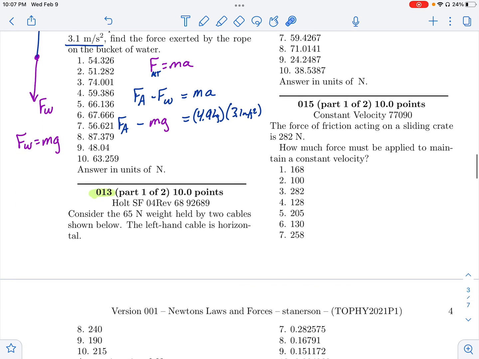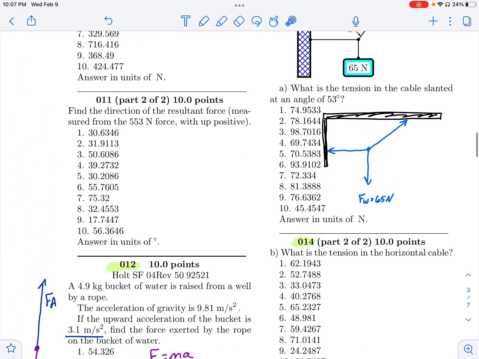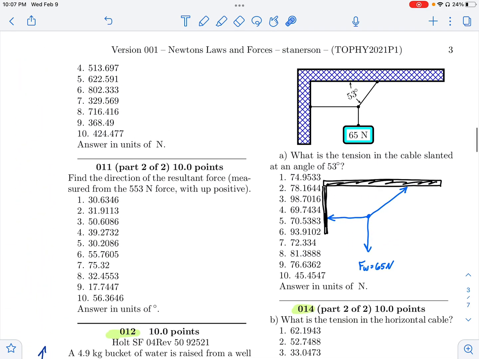All right, number 13. Consider the 65 newton weight held by two cables. Left hand is horizontal. So again, when I see angles, like here, this 53 degrees, I'm automatically thinking, how can I make this into a right triangle? What am I going to use for the legs of that right triangle? And what makes sense?